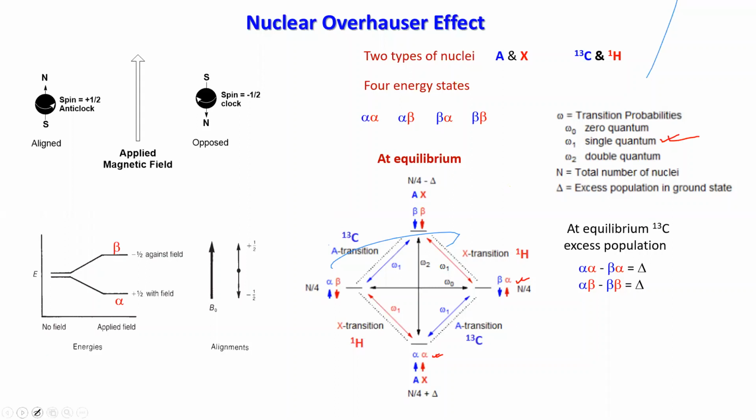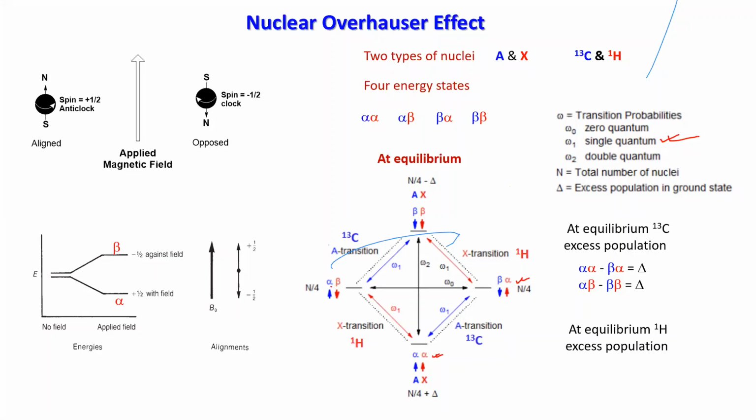Let us look at the excess population with respect to proton, the proton transition or X nuclei transition. So at equilibrium, what are the states I have to consider? It is alpha alpha and alpha beta. If you look here, alpha blue color and alpha blue color, those two are the same.